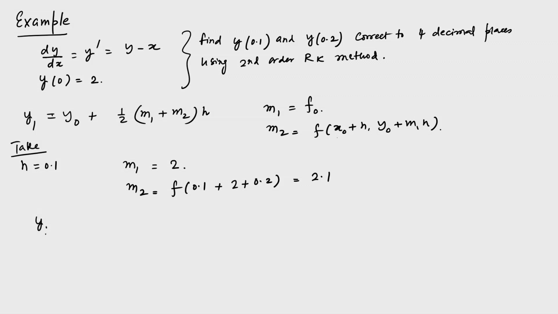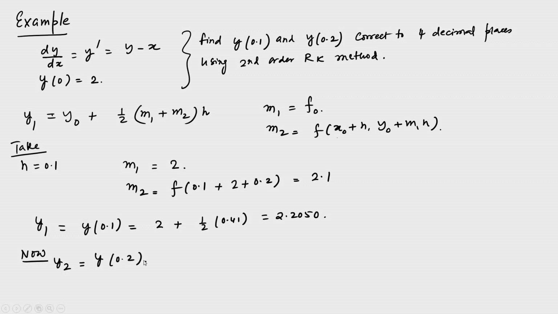So, what I get is that y1, that is y at 0.1, equal to 2, which is y at 0, and then half into 0.41, which is equal to 2.2050, calculating it up to 4 decimal places. Now, we will call the next interval y2, which is equal to y at 0.2.